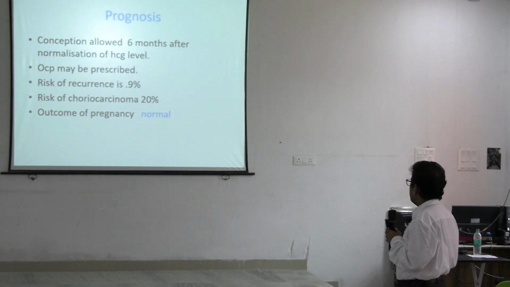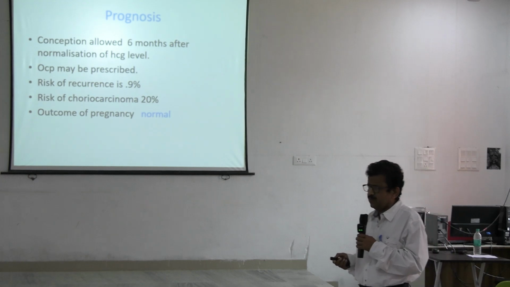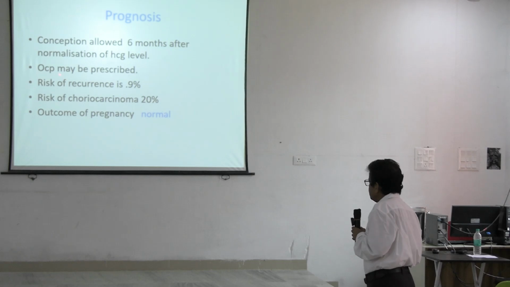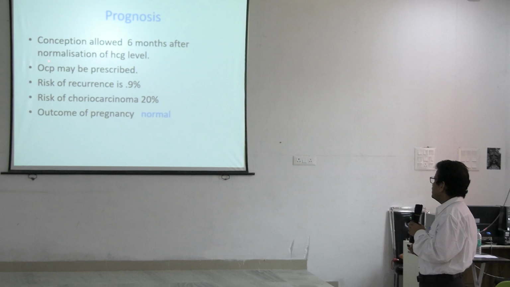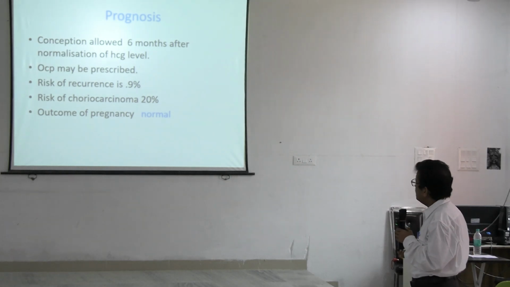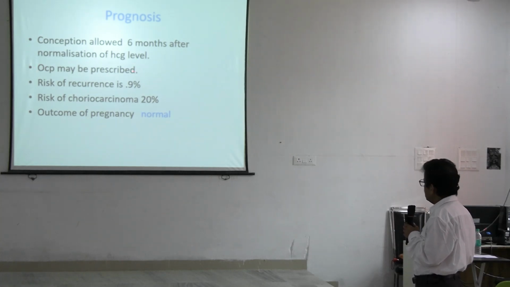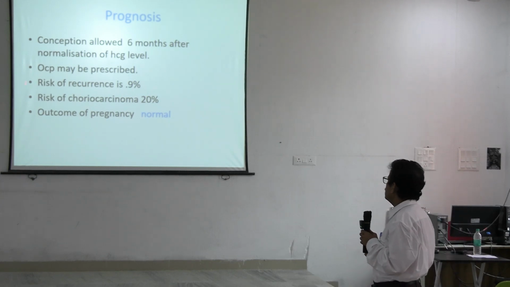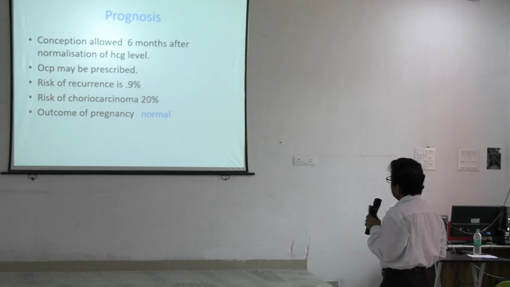After normalization of hCG, OCP can be prescribed to prevent pregnancy for up to 6 months, because if you do not give any contraception, the woman may conceive, giving the false impression that the molar tissue is persisting or GTN is there. So OCP is to be prescribed, and whenever the beta hCG is going high, there is a chance of conception, so a pregnancy USG is to be done to see whether pregnancy is there or not.